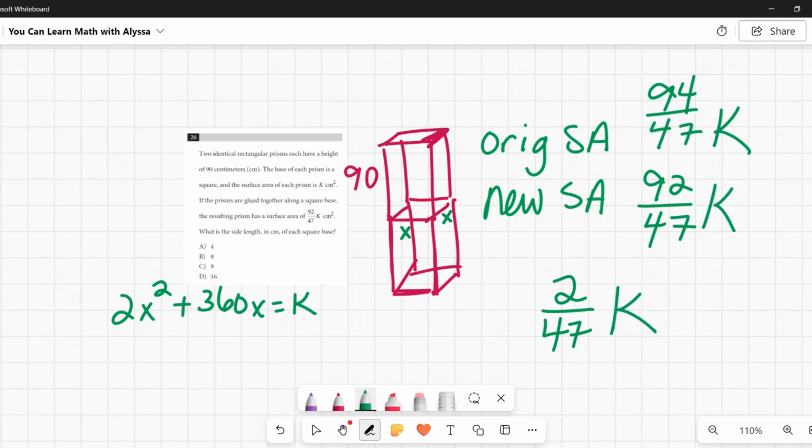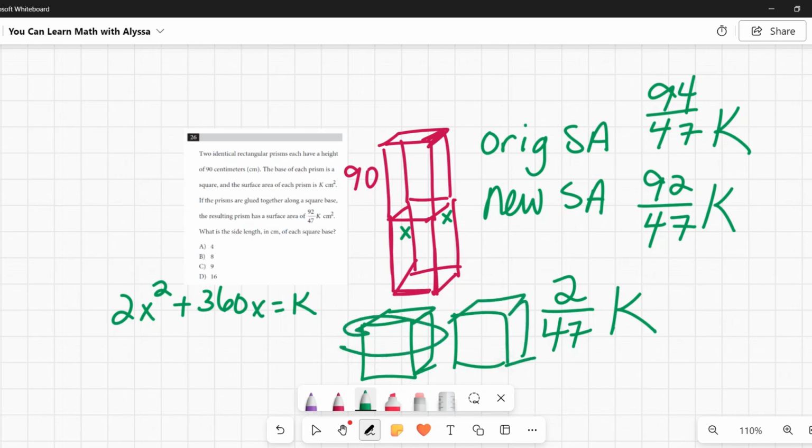So what is 2/47 k equal to? Well, what's vanished? Each of them has lost a bottom square. When we had the two separate rectangular prisms, we had 4 sides on each of them, so 8 sides total, and then we had 1, 2, 3, 4 squares.